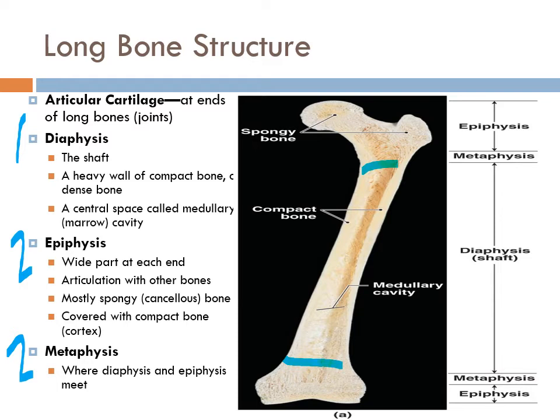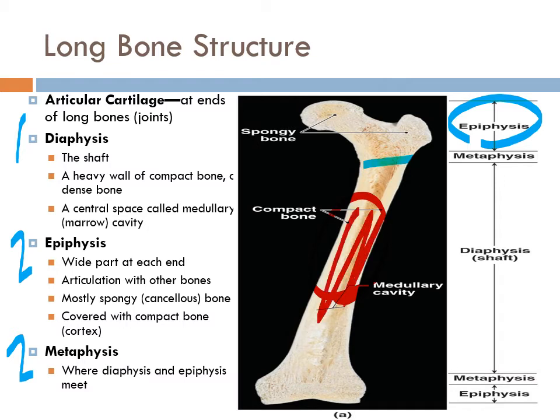So when you're looking at a long bone, starting up at the top, you have the epiphysis, and then the metaphysis, and then the diaphysis here. Let's see, we'll do the epiphysis in purple. How's that? So we have the epiphysis, and then the metaphysis, and then that red diaphysis, and then another metaphysis, and then the distal epiphysis.